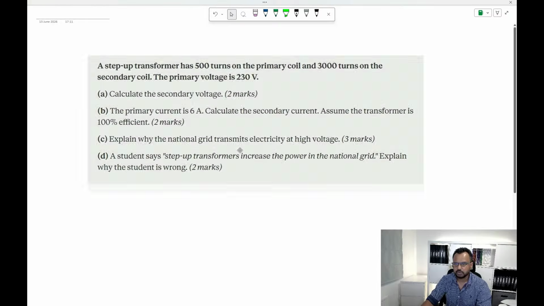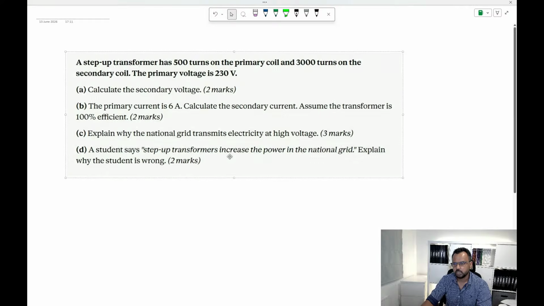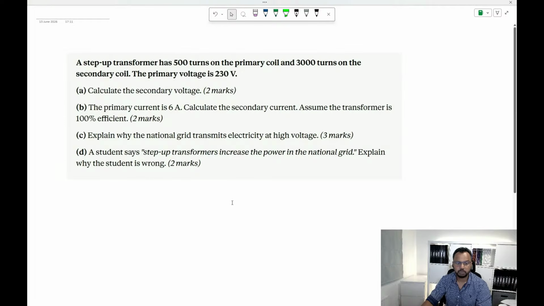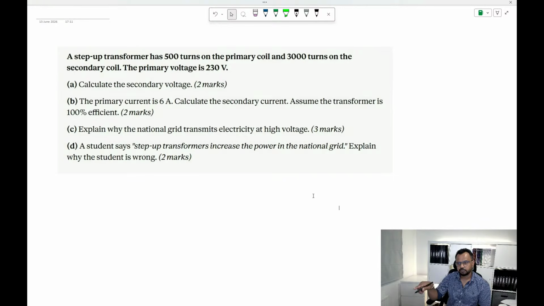Split rings are found in motors and also in dynamos. The difference between a dynamo and an alternator is that an alternator generates alternating voltage, whereas the dynamo produces direct voltage.